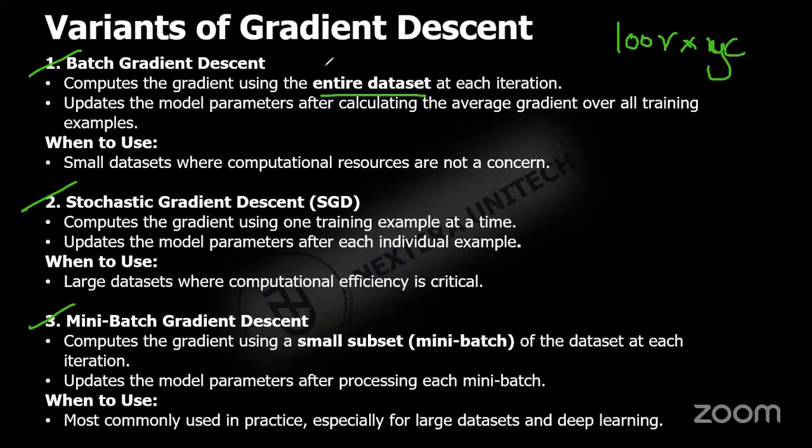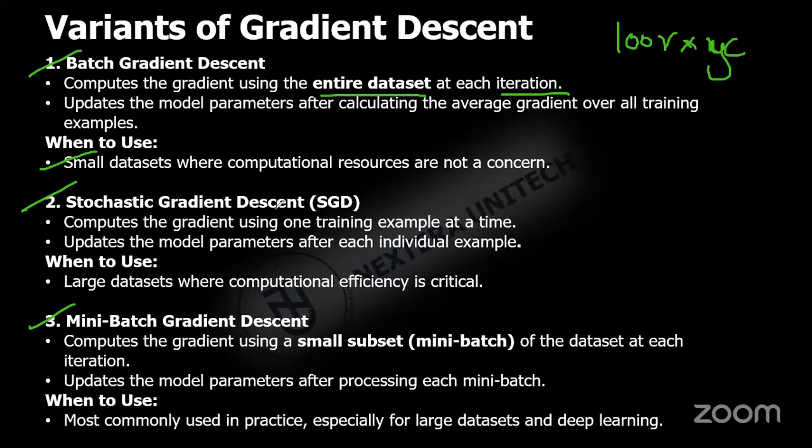In batch gradient descent, the entire data set, the entire 100 rows, will be used for every iteration. And when is it used? In case of small data sets. Why? If you have large data sets, it will be computationally expensive.